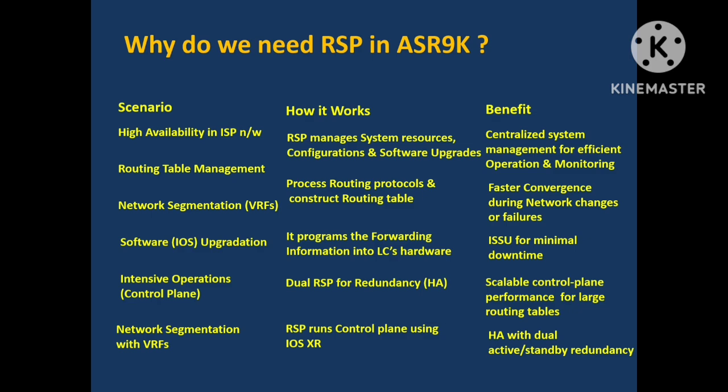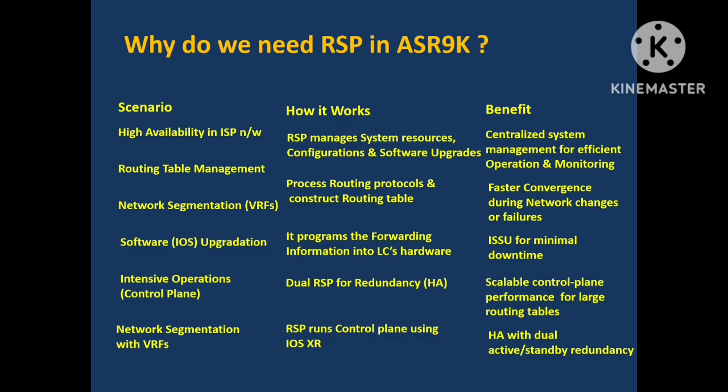So the benefits, as I said: centralized system management which acts as a brain for efficient operation and monitoring, faster convergence during network changes or failover, ISSU, which is in-service software upgrade, for minimal downtime, scalable control plane performance for large routing tables, and then HA with dual RSPs, which is nothing but RSP0 and RSP1, which can provide redundancy within the ASR9K system in any enterprise or ISP network where you install an ASR9K device.